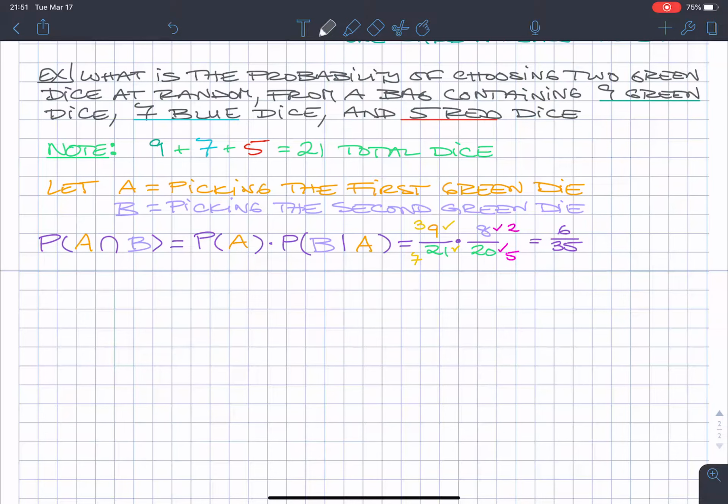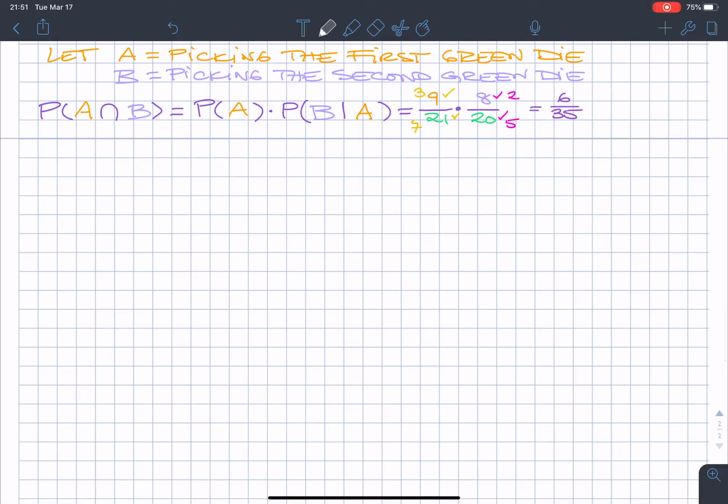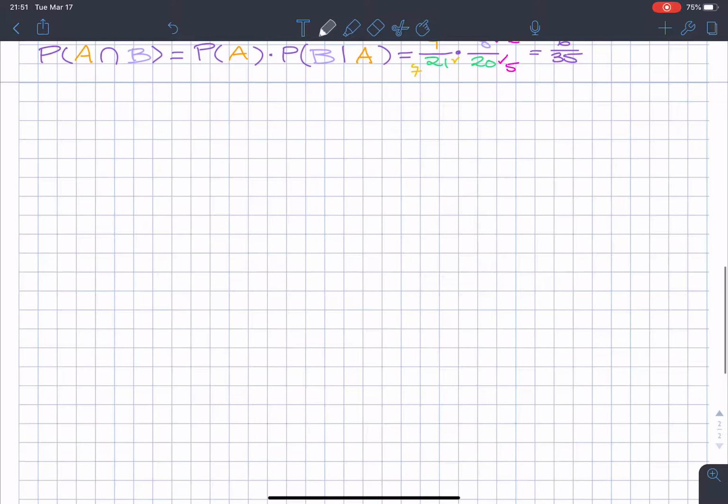Okay, so now let's look at a table as opposed to dice or cards. So for example, consider the following table. Okay, so what I'm going to do, let's see, I'm going to have a category for feline.